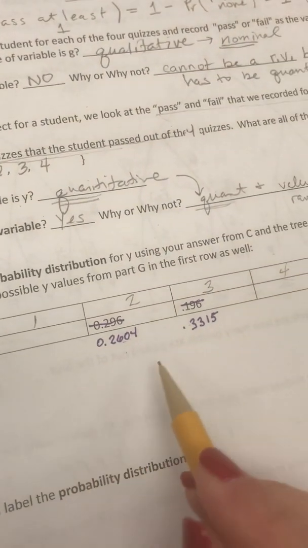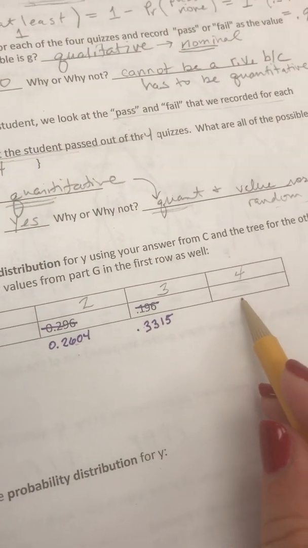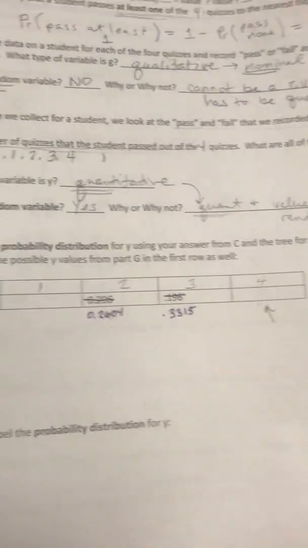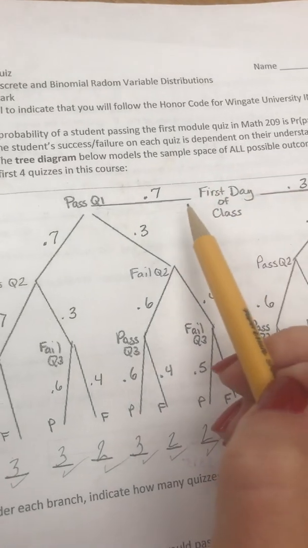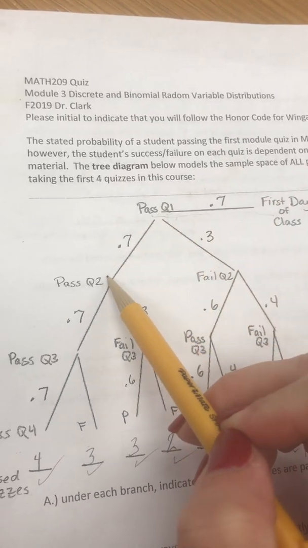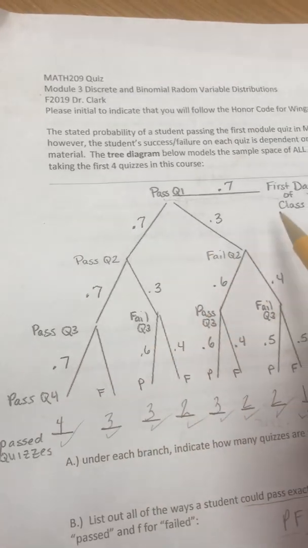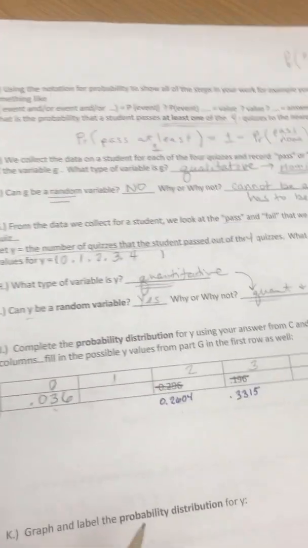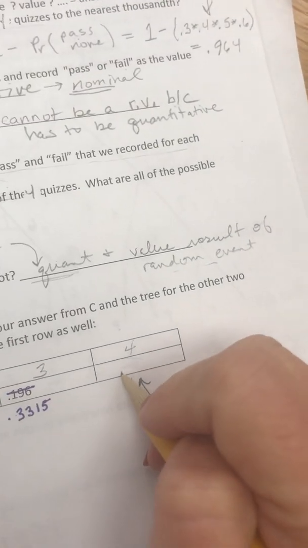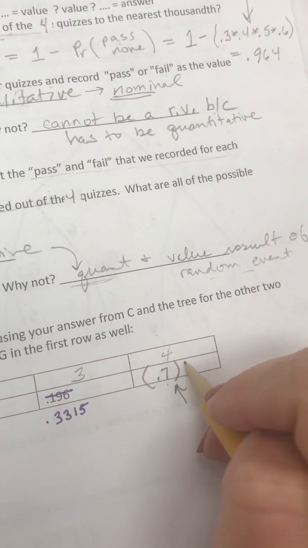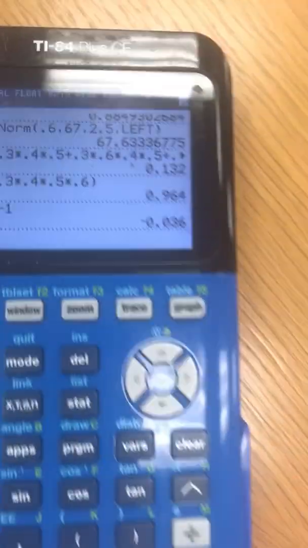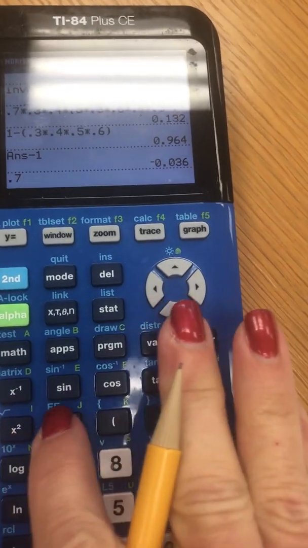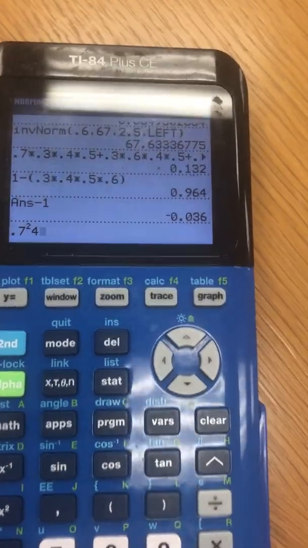And then, probability that all 4 pass. That's going to be the next easiest. I pointed that out on a tree. Pass all 4. I pass the first and the second and the third and the fourth. So that's 0.7 multiplied by itself 4 times, or I'll raise that to the 4th power just to get a decimal. 0.7, then raise that to the 4th power.